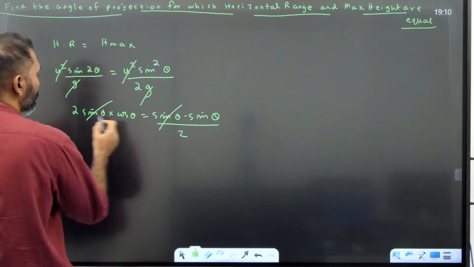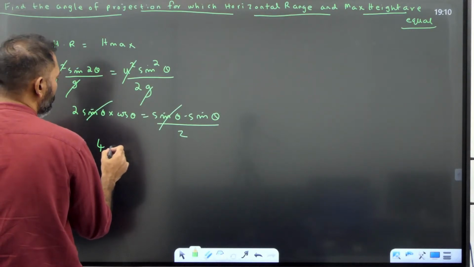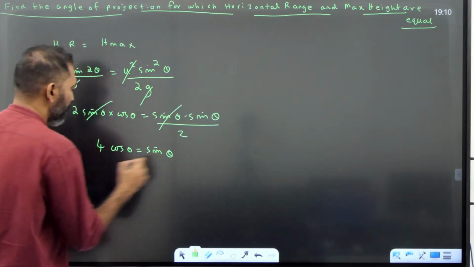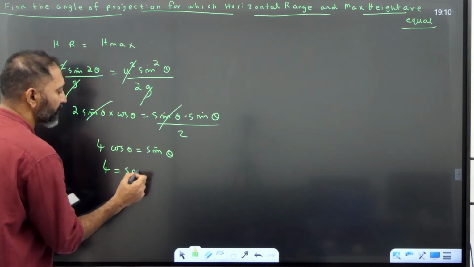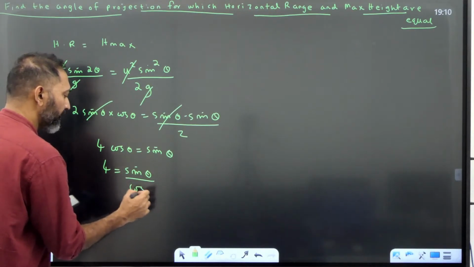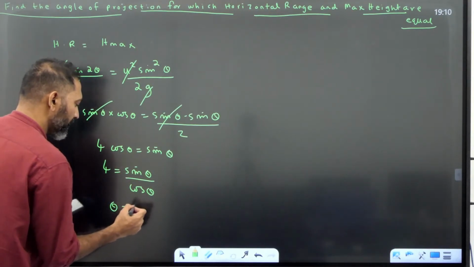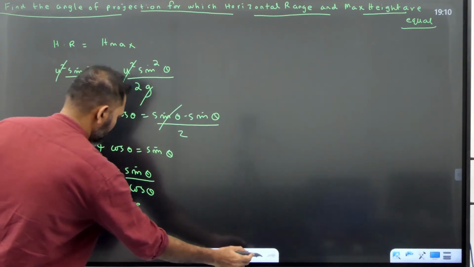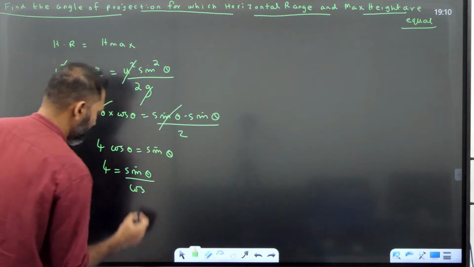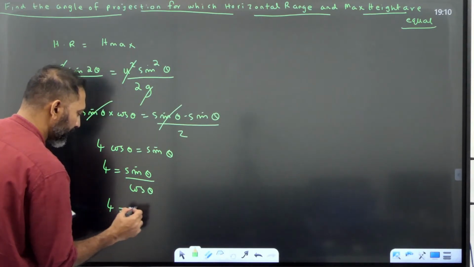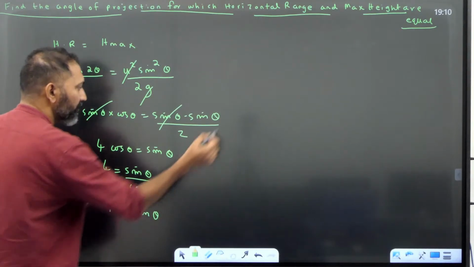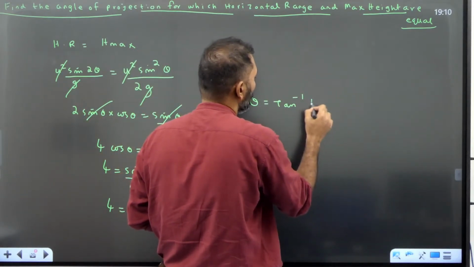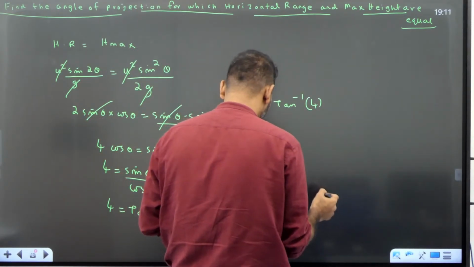If you cross multiply, 4 cos theta is equal to sine theta. That is 4 is equal to sin theta by cos theta, that is 4 equal to tan theta. So theta equal to tan inverse 4.